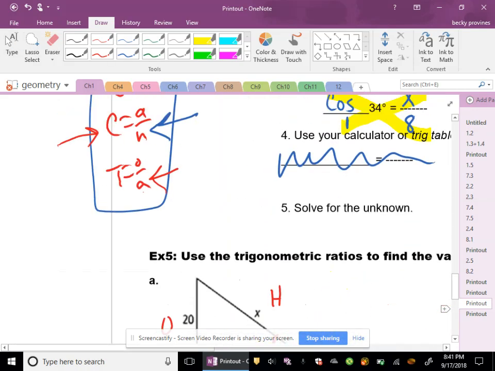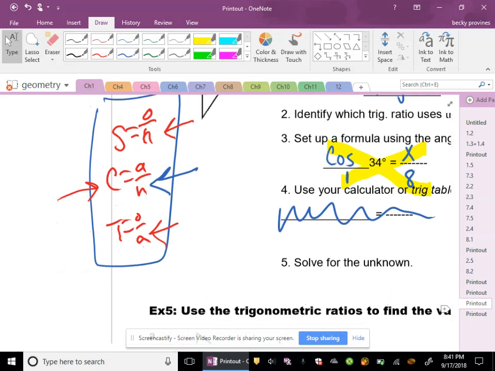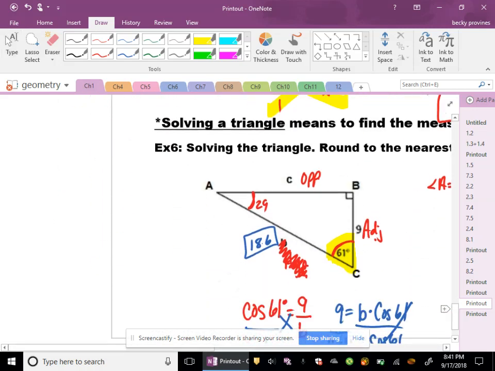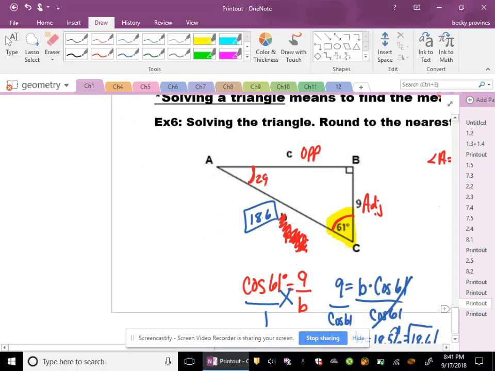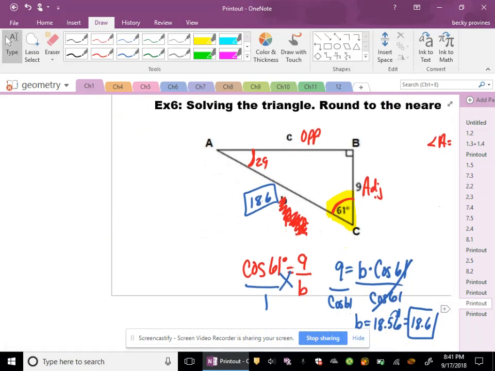So let's look at our little cheat sheet. What's adjacent over hypotenuse? No, it's opposite over adjacent. Hopefully you're saying when you're not using your hypotenuse, that is tangent. And I'm still working from the 61-degree angle. So opposite over adjacent is C over 9.